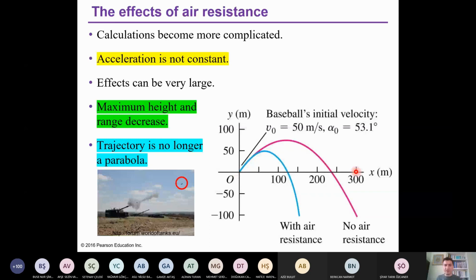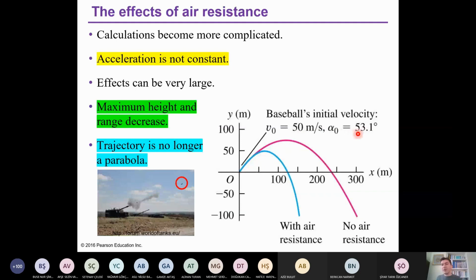I will compare them. This is the x-axis, this is the y-axis, and we have a baseball, okay? This is the initial position and initial velocity of the baseball. Initial velocity is 50 meters per second, and alpha 0 is 53.1 degrees, okay?